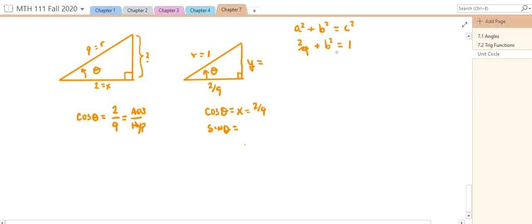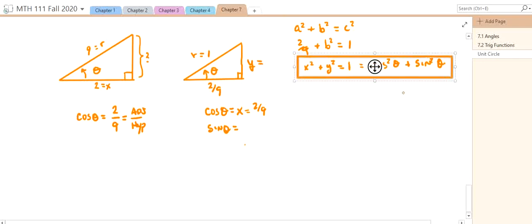So really what we're looking at here is x squared plus y squared equals 1. Or we could say that the cosine squared of theta plus the sine squared of theta equals 1. This is actually what we call a trigonometric identity. But you don't have to know that. But do understand what we got going on up here.